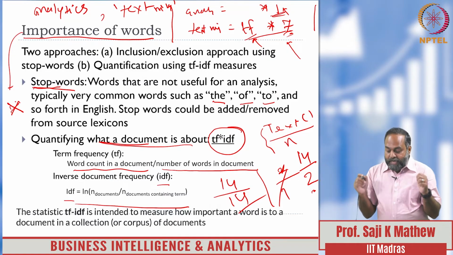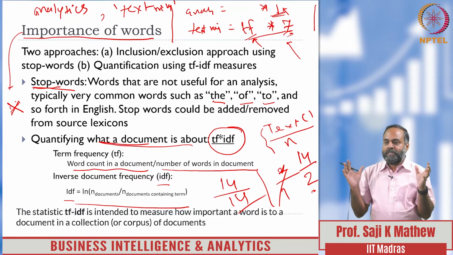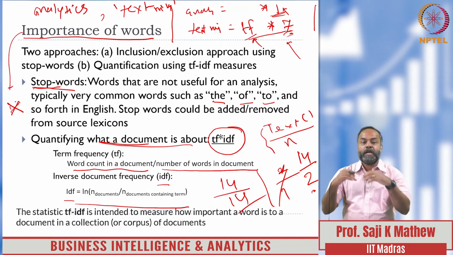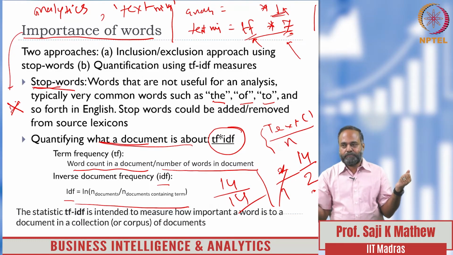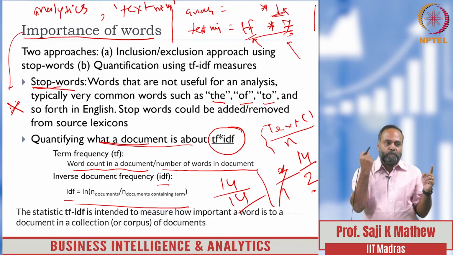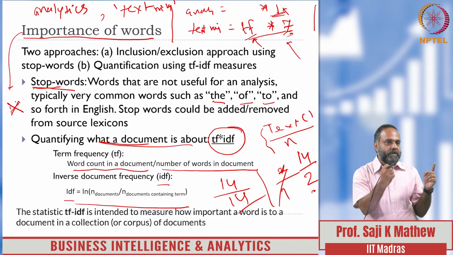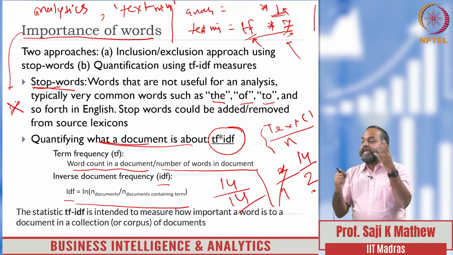So TF IDF is a measure of the importance of a word in a particular document relative to other documents. Do you follow the meaning of TF IDF? It captures the importance of a word in a particular document relative to other documents.